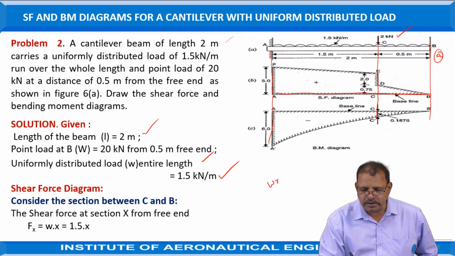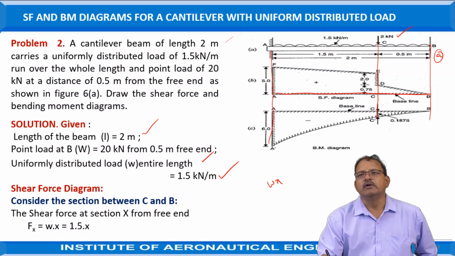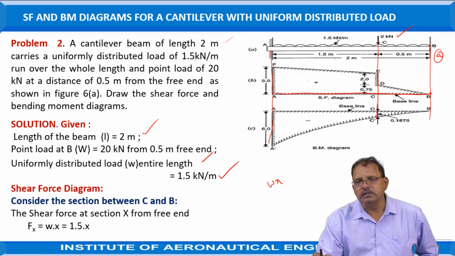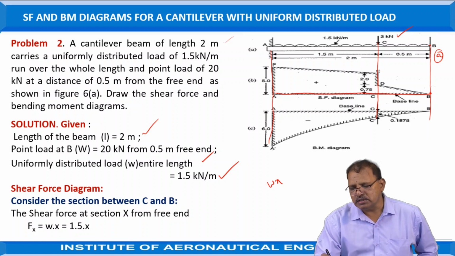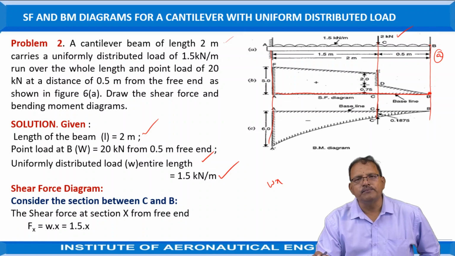Generally, it is represented as W into X when you are taking X distance. When X is equal to 0, the force is also 0. Or in other words, when a uniformly distributed load acts along the length of the beam, at a free end its effect is equal to 0. That means the shear force at B is equal to 0.